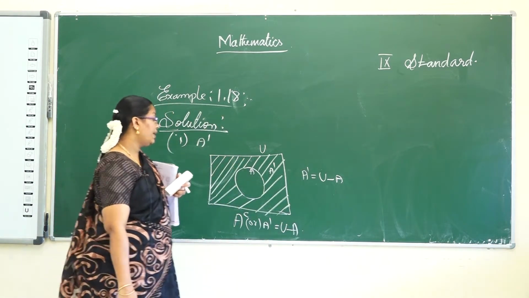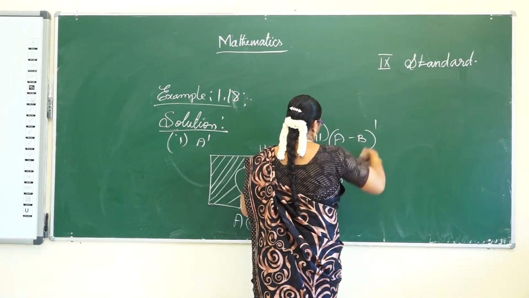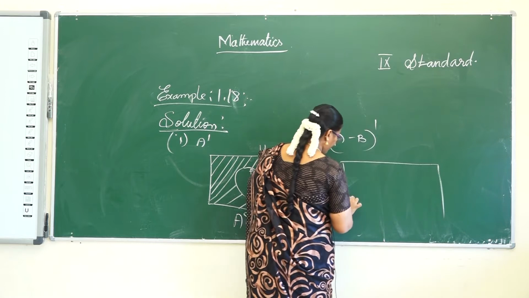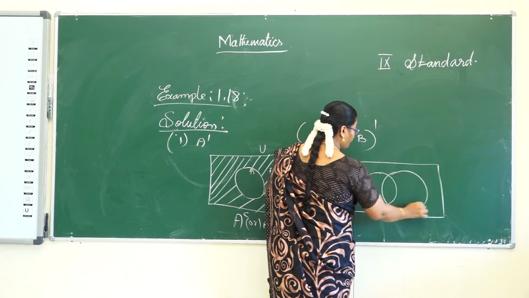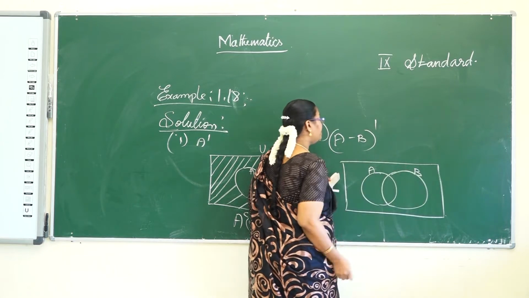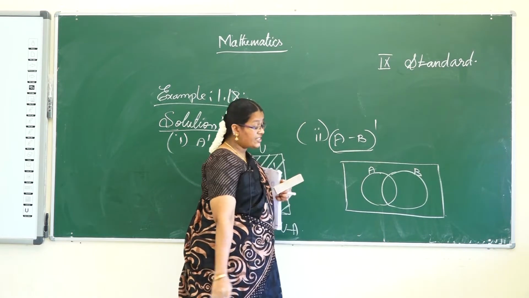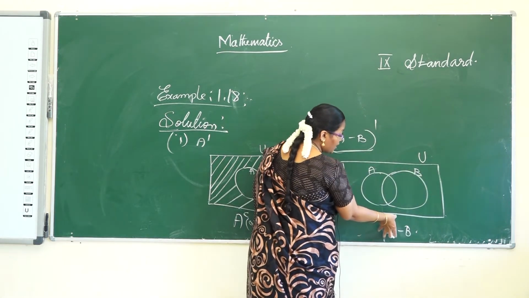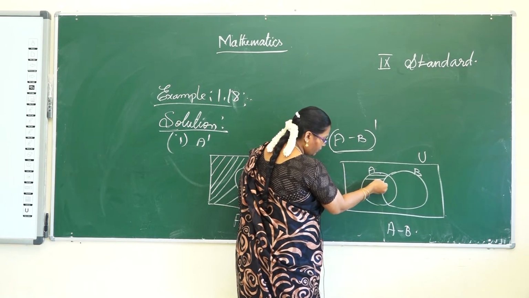Okay, I hope you are understanding A dash. And the second one, A minus B, the whole complement. Here two sets are given. You should draw the overlapping of the two sets A, B, and first of all, first preference goes to A difference B. So first draw A difference B. In the universal set, A difference B means the set of all the elements that contain only A. So this portion.